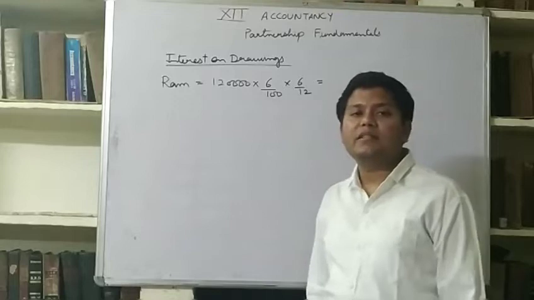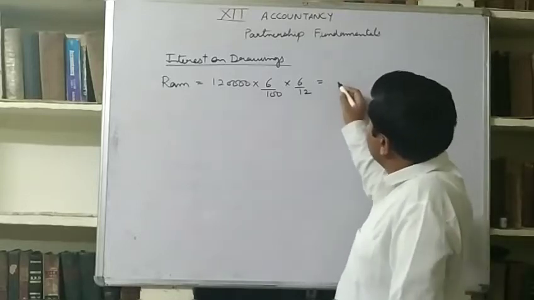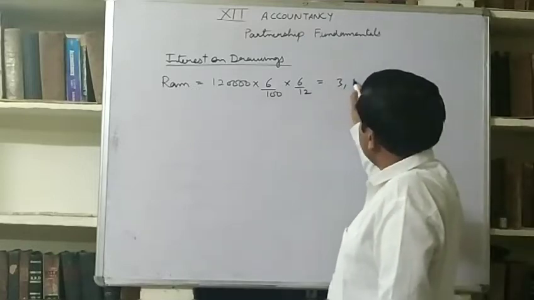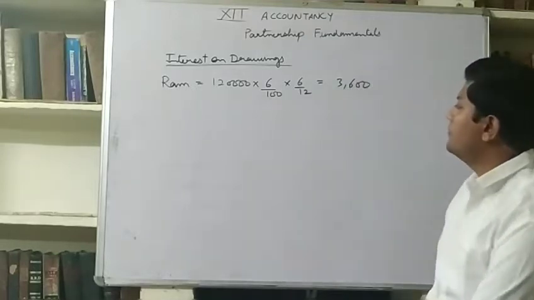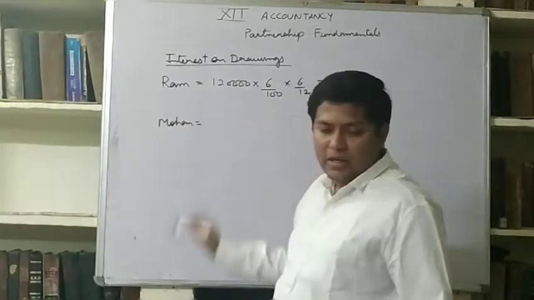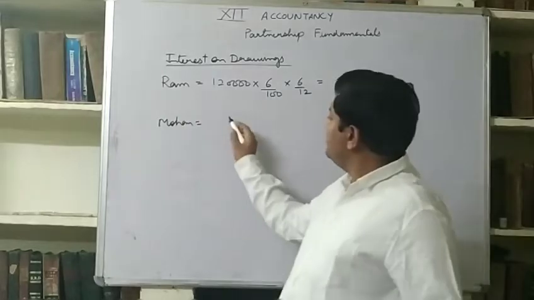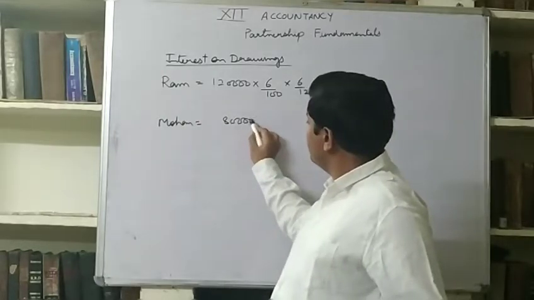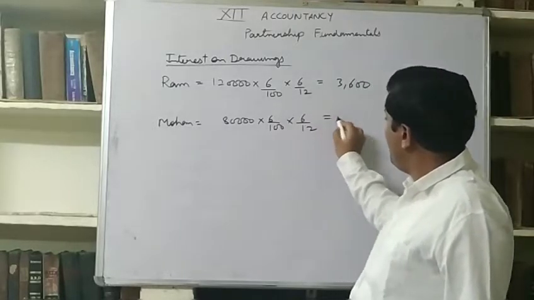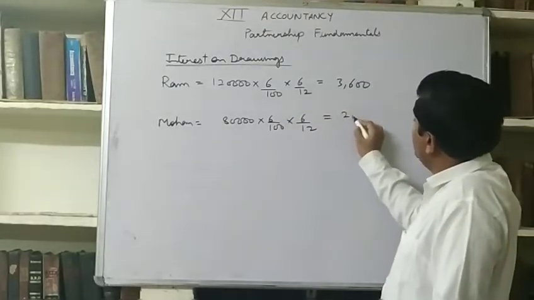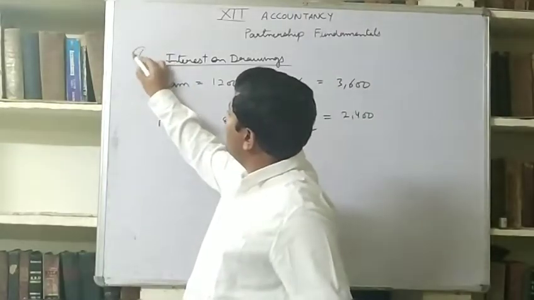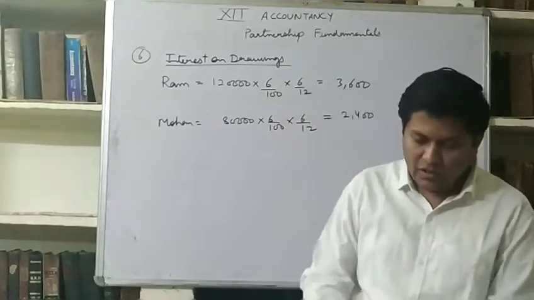He has withdrawn in installments every month. So how much interest will it be? It will be 3,600. And Mohan withdrew 80,000 into 6 upon 100 into 6 upon 12, which is 2,400. This is our question number 6. You may note it down.